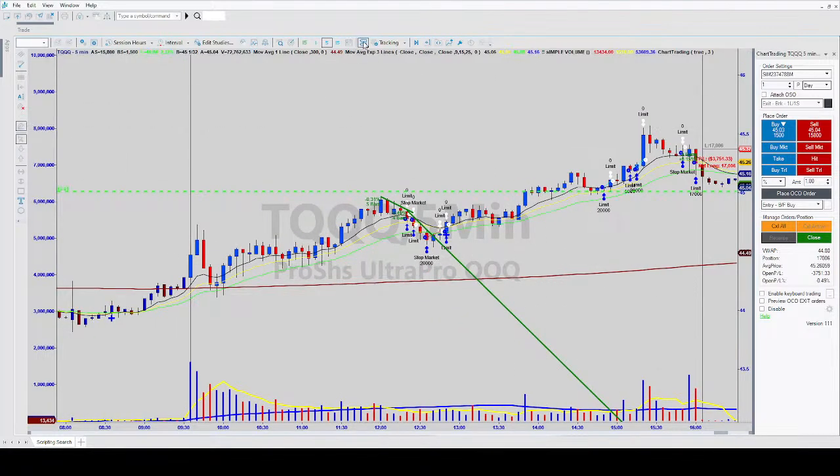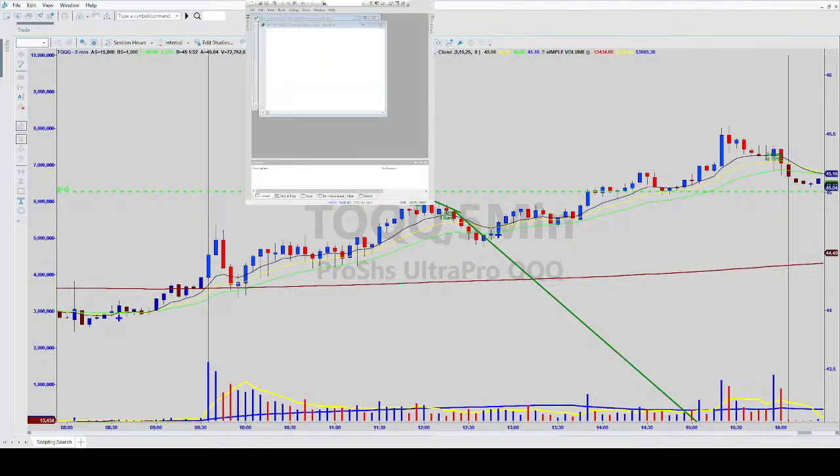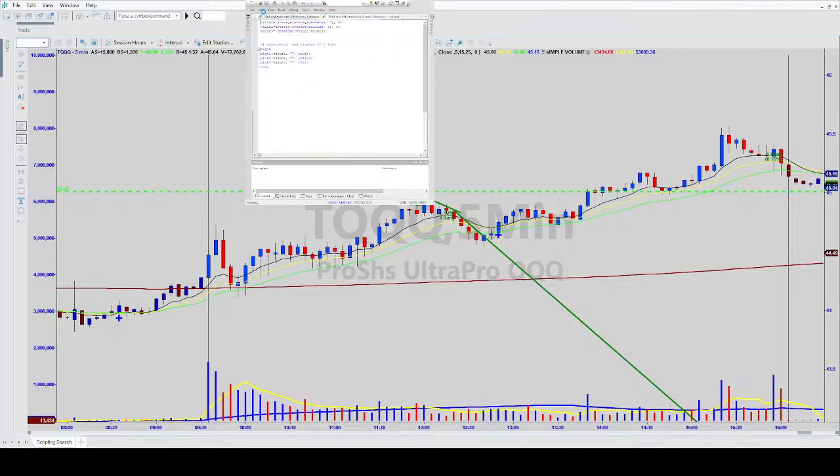All right, so I want to get rid of this, just clean it up a little bit. All right, so I'm going to go into the EasyLanguage. I'm going to make a new chart.